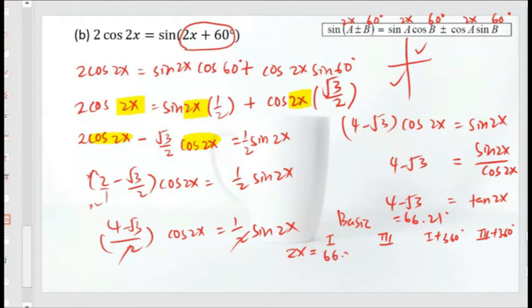Okay, the first one 66.21, the second one 180 plus 66.21, which is 246.21.